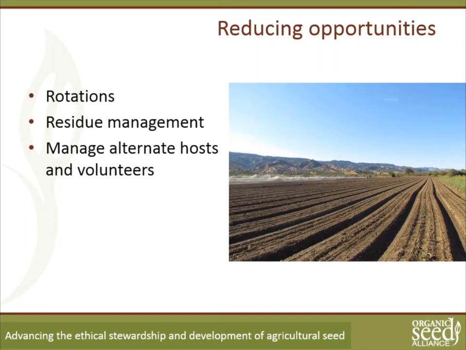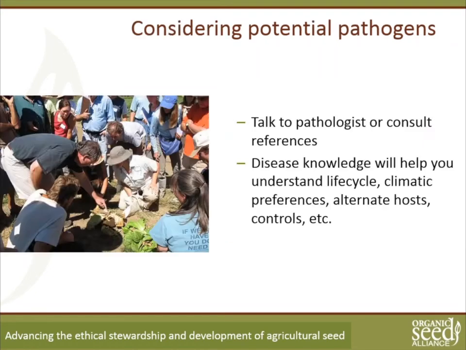So many pathogens will need some living plants to be able to continue to survive, and if you can in some way have at some point in your season a long enough gap where there are no living hosts for that pathogen, then you can help disrupt the pathogen's life cycle, as opposed to if you have a constant rotation of the same potential hosts that exist on your farm, then the pathogen can survive throughout the year and continue to grow into the next season.